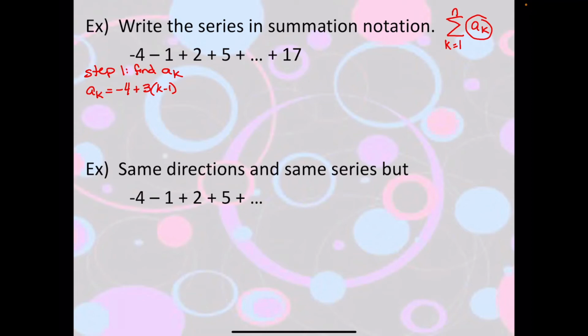It's always k minus 1 because it's 1 less than the term you're on, and we need to simplify.